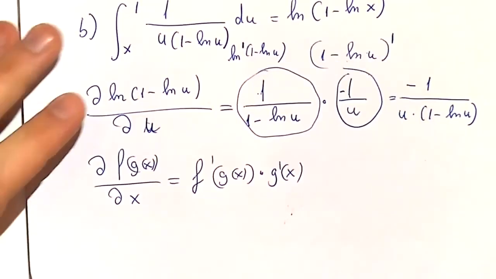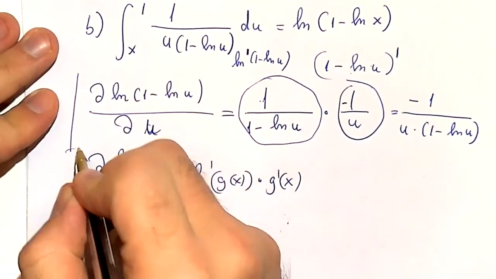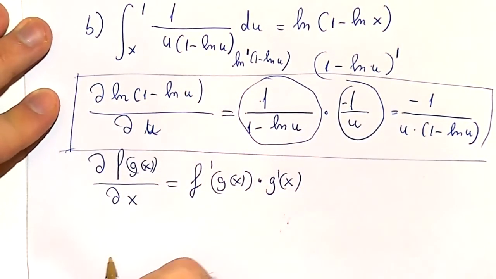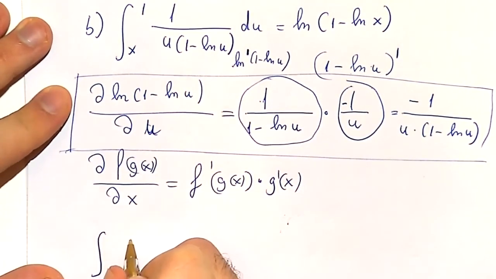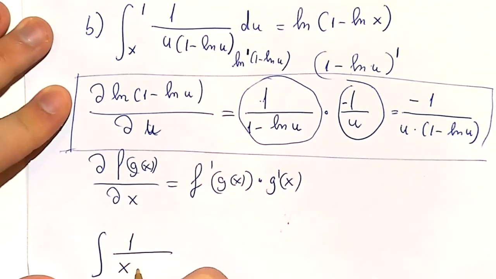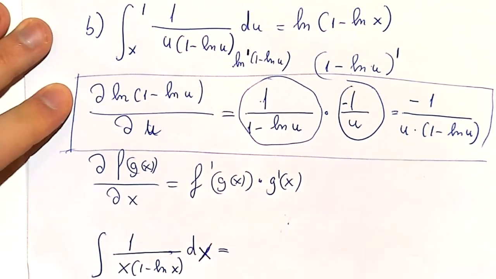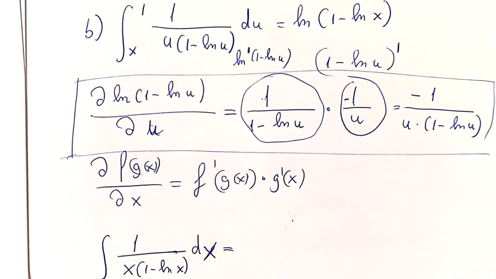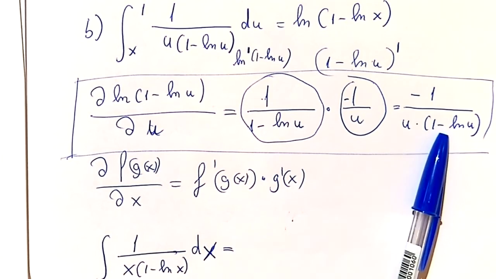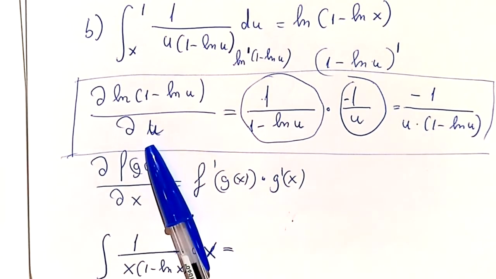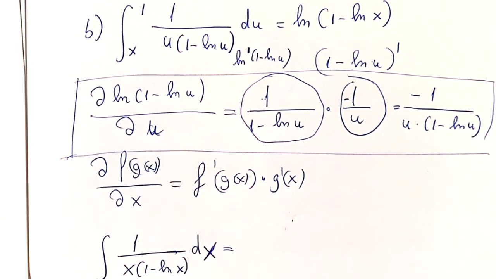So using this thing over here that I just computed, what is the integral of 1 over x(1 minus log x) dx? Well, it's the inverse of differentiation. So if I got here by differentiating, I just go back by integrating.